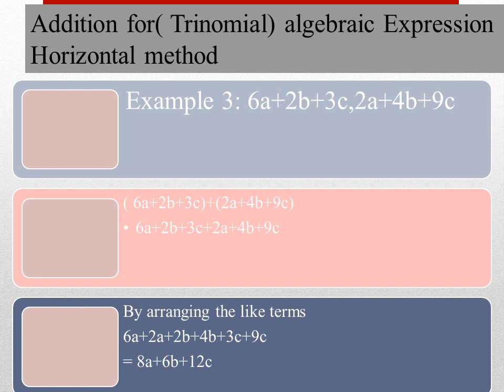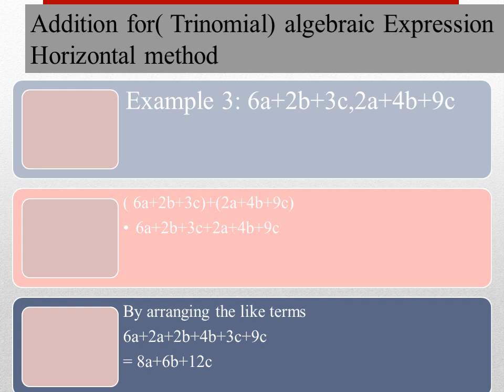We are adding them, so we insert plus between the brackets. Now open the brackets. First bracket remains same and second bracket will also remain same because there is plus. Plus sign cannot change the bracket sign. Signs remain same. Plus 2a plus 4b plus 9c.